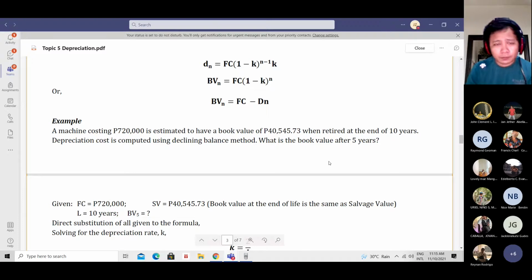For this one, of course, you have your first cost of 720,000 pesos, and then your salvage value. Sir, why is 40,545 the salvage value when the problem stated it is a book value? Because, take note, this is the value at the end of its life of 10 years.